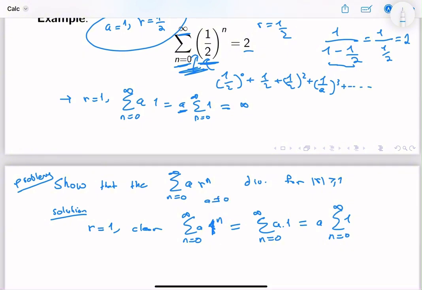We're summing here infinitely many ones, so the sum is actually infinity.